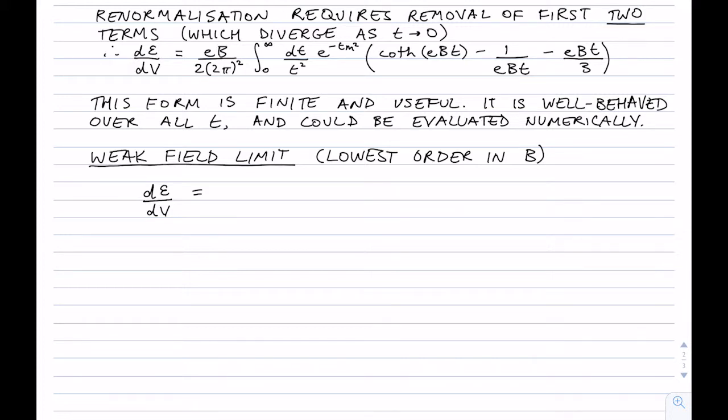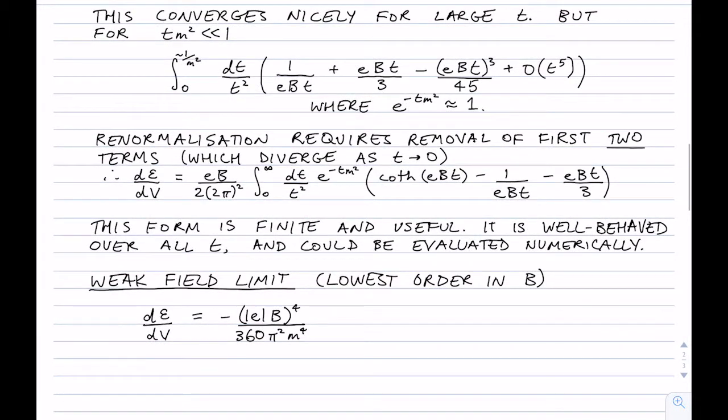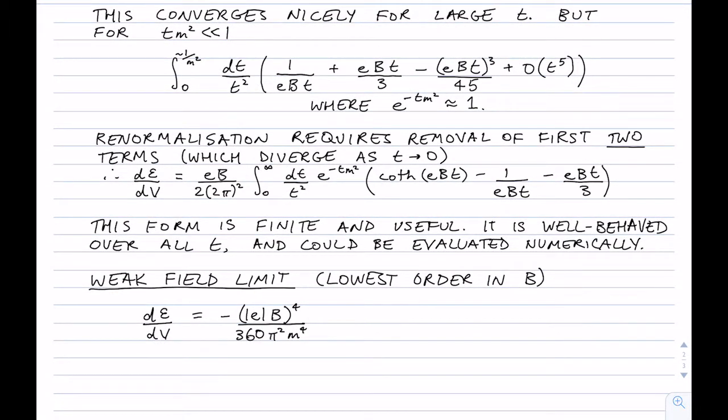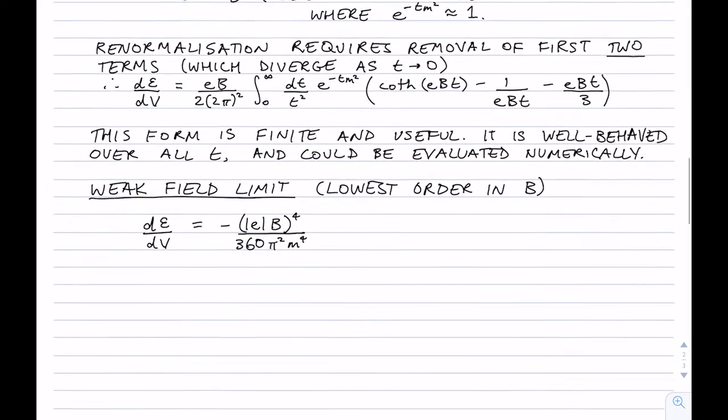And for that, I then end up with, and let me restore the absolute value of E, just to make sure that we know, (EB)^4 over 360 pi squared m to the 4. So all I've done is take the EB over 8 pi squared, which is outside the integral. If we look at the coth, it's EBT cubed over 45. So that's why we get this factor of 360 here.